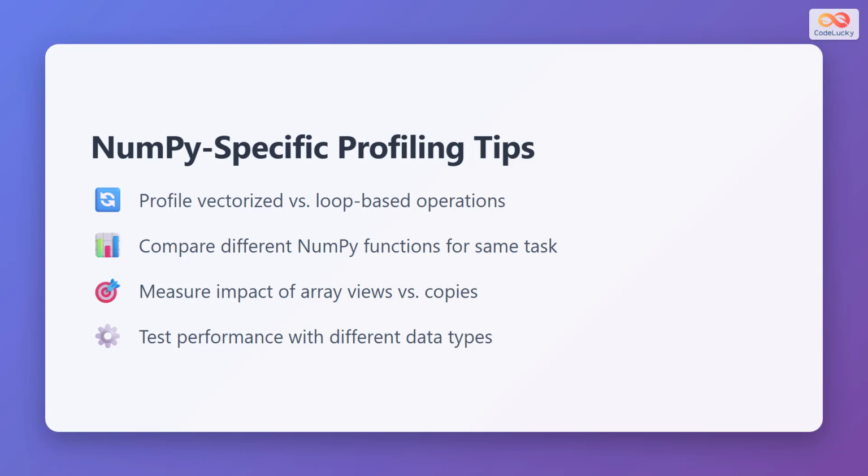Here are some NumPy-specific profiling tips to keep in mind. First, always profile vectorized operations versus loop-based operations. Vectorized code is almost always faster, but profiling confirms this and shows you exactly how much faster. Second, compare different NumPy functions for the same task. For example, np.sum might be faster than np.add.reduce in some cases.